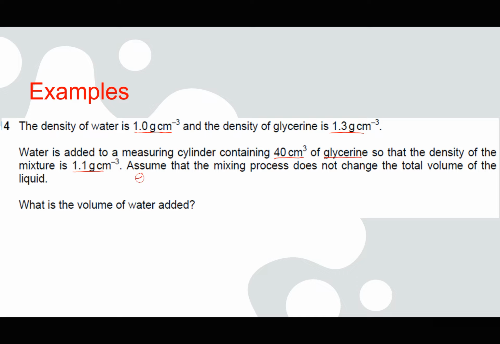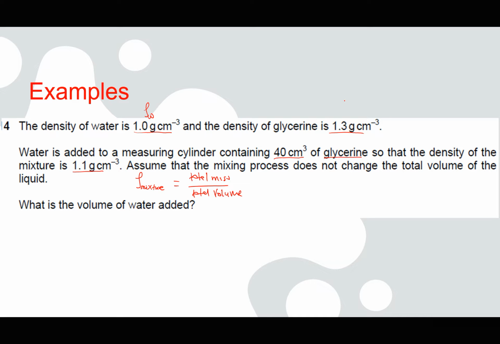So we know that density of a mixture is the same as total mass divided by total volume. Okay, so I'm going to call, we have the density of water, I'll call it rho W, that is density of water.